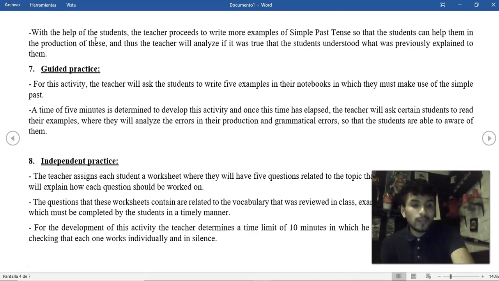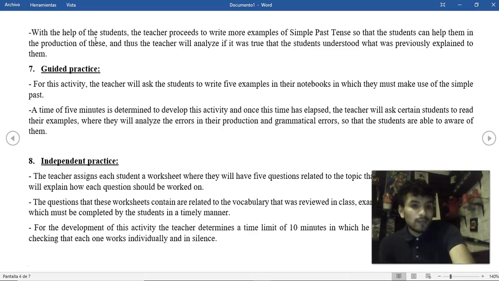I'm going to give my students worksheets that are related only to the topics that we treat in class, and I have to explain any questions for my students' comprehension. The questions that these worksheets contain are related to the vocabulary that was reviewed in class, examples, and some short sentences which must be completed by the students in a timely manner.